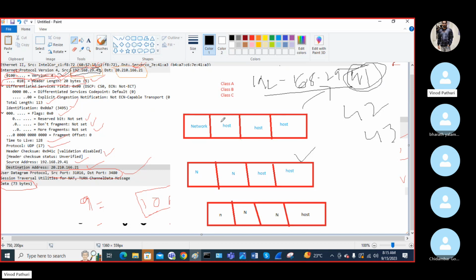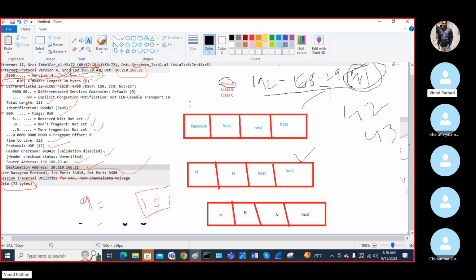Okay, so here if you see each class, class A, B, and C, just as an example: how many hosts can we connect in a class A? That is your interview question. How many bits do we have in an octet?